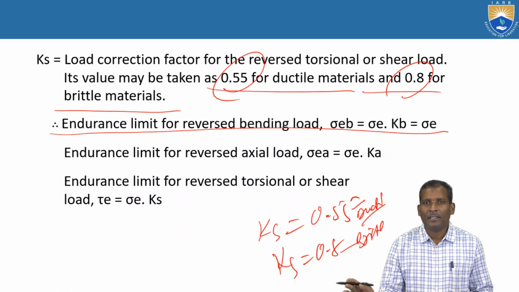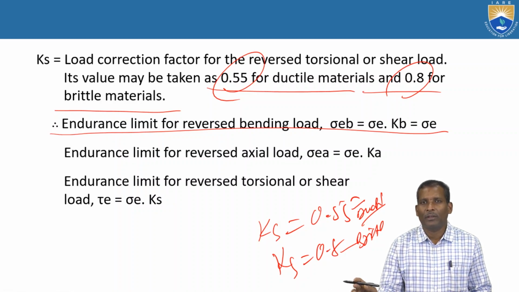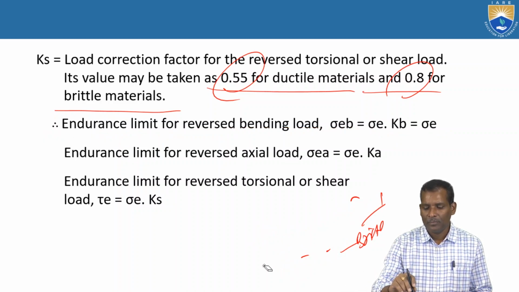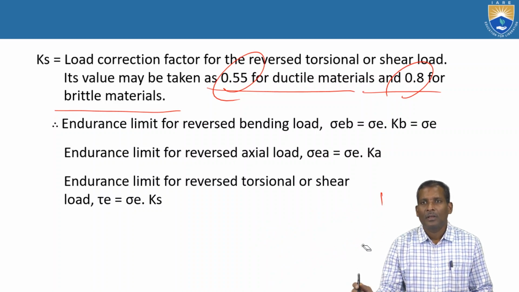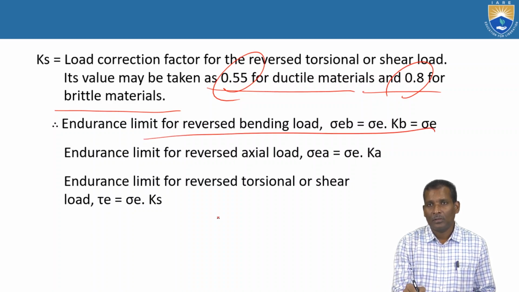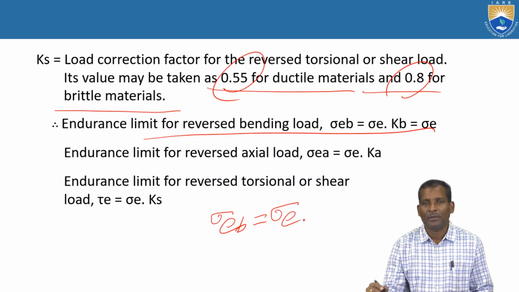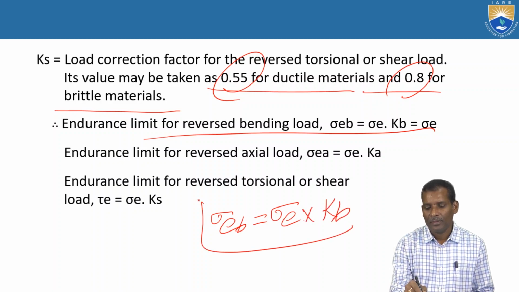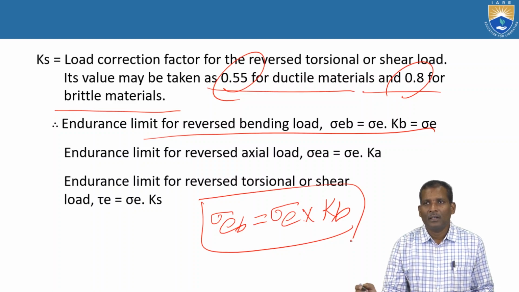Now let us calculate the endurance limit for different loading one by one. First, take reversed bending load. In reversed bending load, the new endurance limit for reversal bending load is equal to sigma E into Kb. Whatever sigma E value you determine under the rotating beam testing method, substitute here. Kb you may always take as 1.